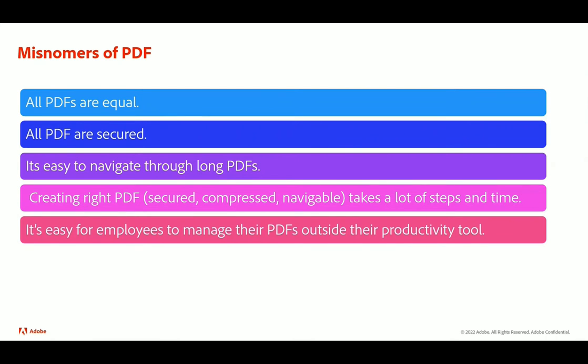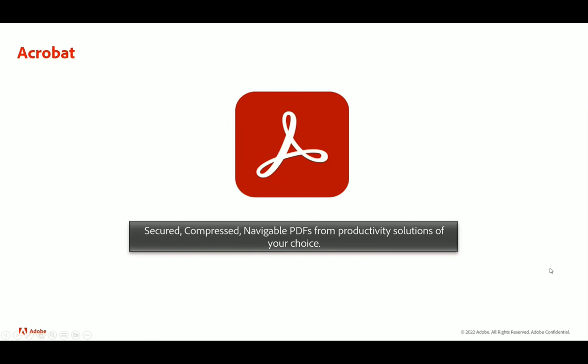What if we could save that 2 days' worth of time for all the employees in your organization? So here are some tips and tricks that will help you do just that. This is where our Document Cloud comes in, Acrobat specifically, wherein you can have secured, compressed, navigable PDFs from the productivity solutions of your choice.